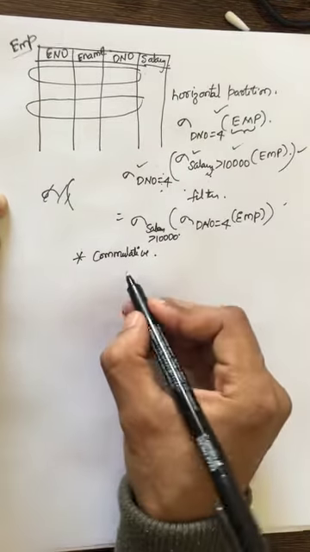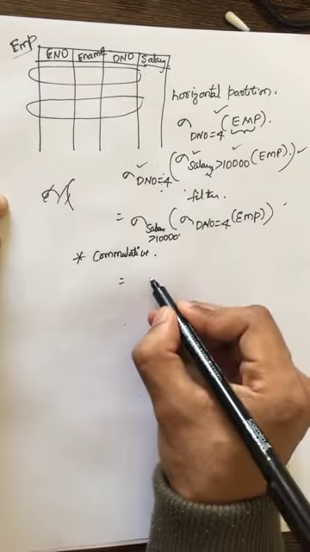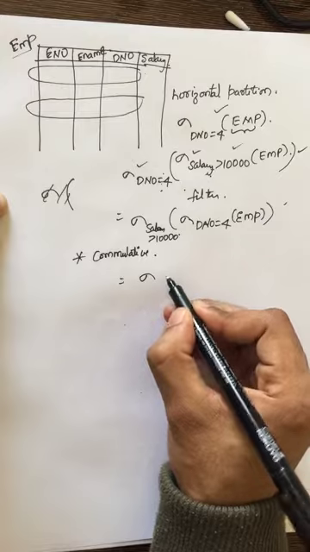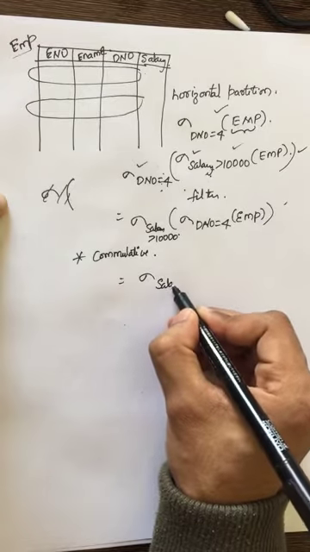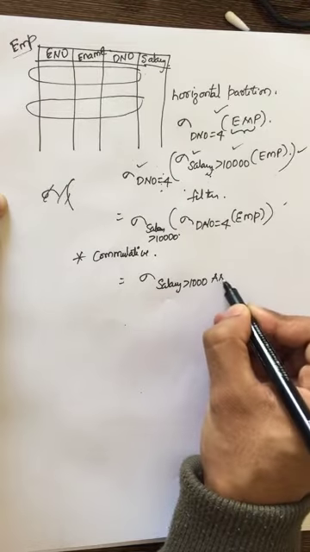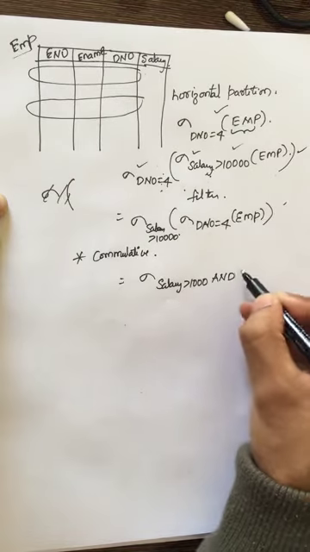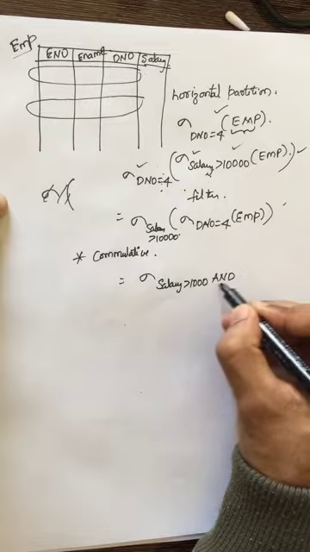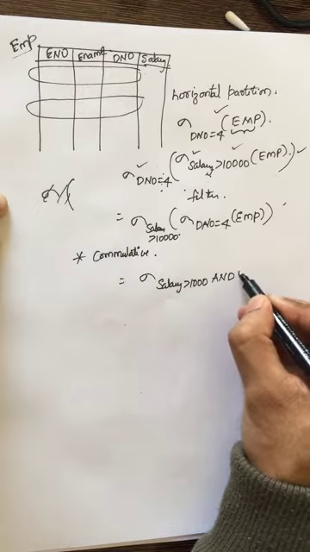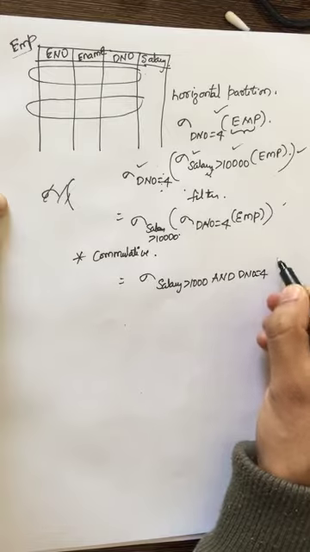And you can even cascade them like this: these two queries are also equal to this query, where the condition is salary greater than 10,000, and you write the logical Boolean AND operation, department number equal to 4, from employee.